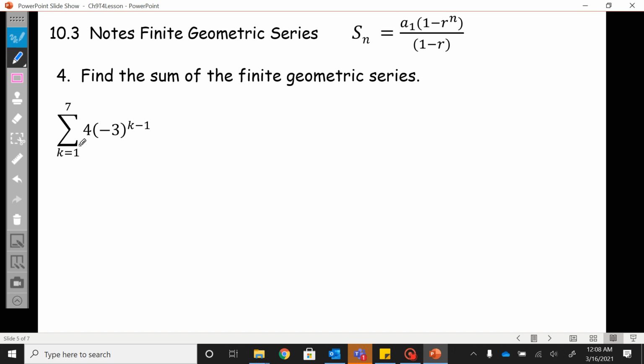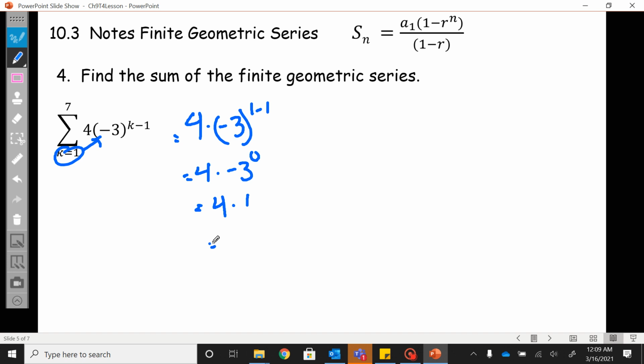The first term: if you plug in 1, you get 1 minus 1, which is an exponent of 0. Negative 3 to the 0 is 1. Let's just plug in 1. So the first term, a1, you get by plugging in the lower limit. That's 4 times negative 3 to the 1 minus 1, 4 times negative 3 to the 0, which is 4 times 1, which is 4.